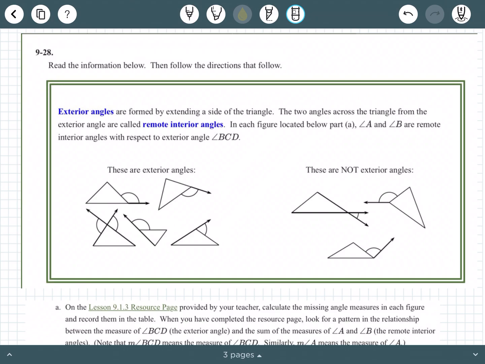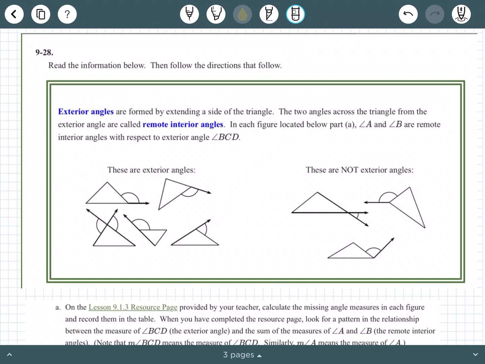It says exterior angles are formed by extending a side of the triangle. The two angles across the triangle from the exterior angle are called remote interior angles.